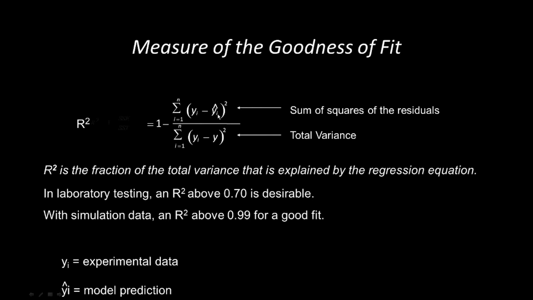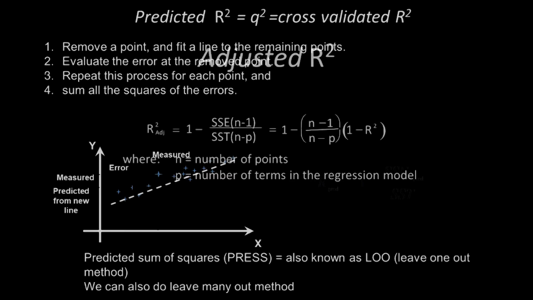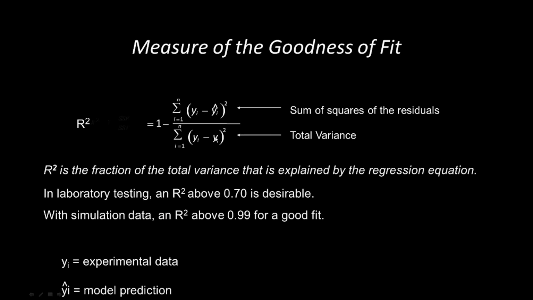Here yi is your actual experimental value, y hat, as I said before, is your model prediction, and y bar is the average of all the y's.